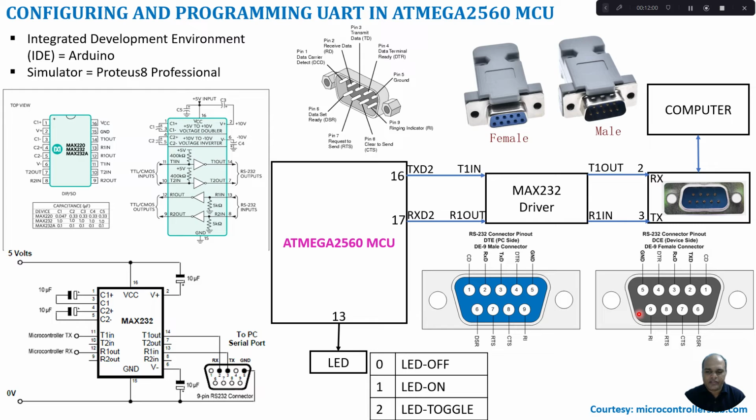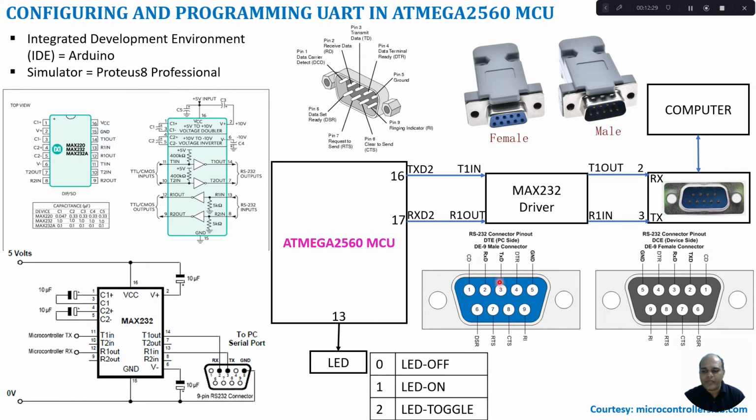If you see the pins, essentially we use only 3 pins: the TXD line, RXD line and ground line. These 3 lines are used for data transmission purpose. Other lines like DTR is data terminal ready, CD is carrier detect, RI is ringing indicator, CTS is clear to send, RTS is request to send, DSR is data set ready.